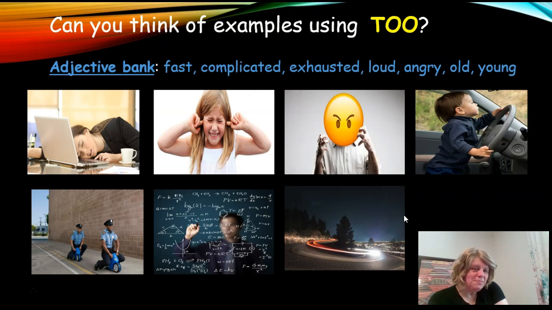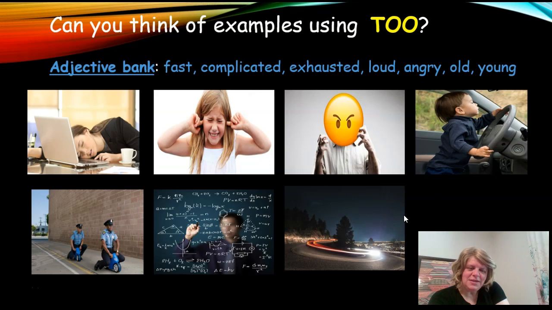We can choose angry from our adjective bank. We can say he was too angry to say anything. If we look at the next picture, we see a young child in the driver's seat attempting to drive a car. Which adjective would be appropriate for this picture? Young. You are correct. He is too young to drive.